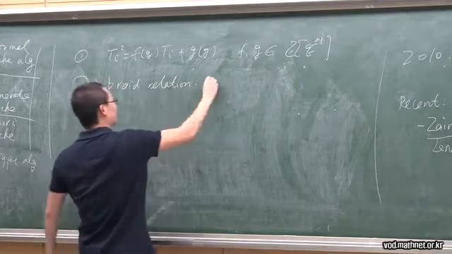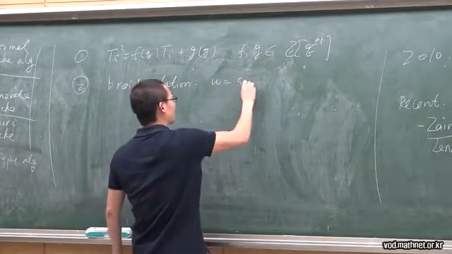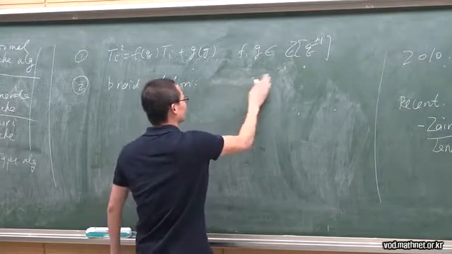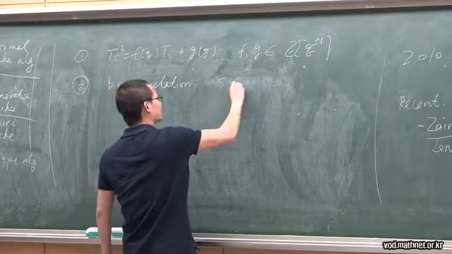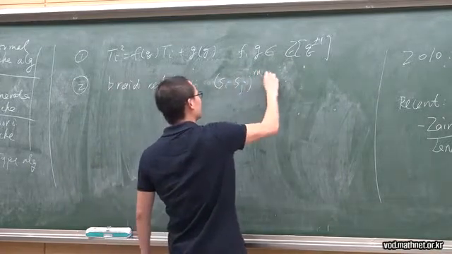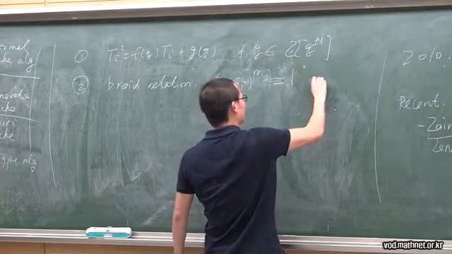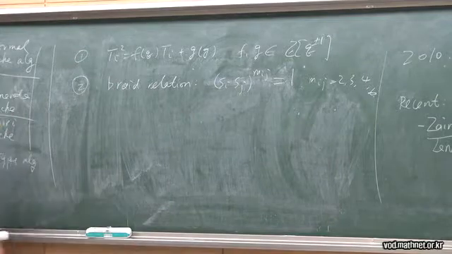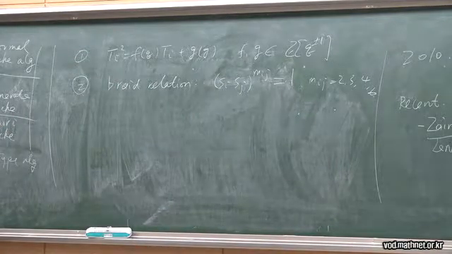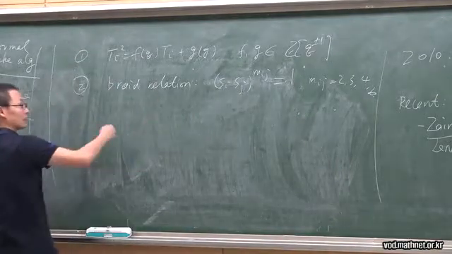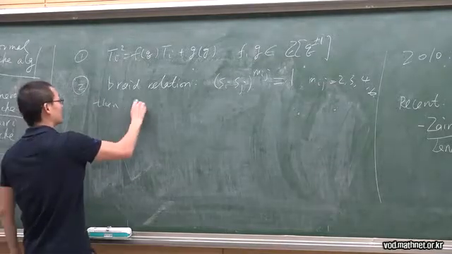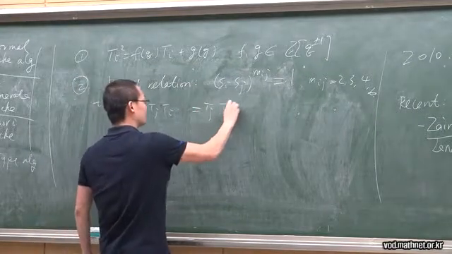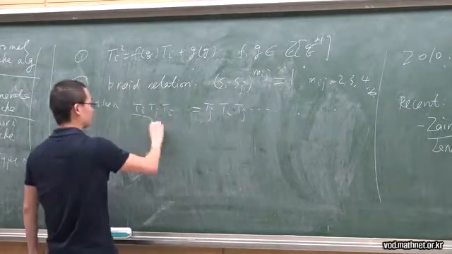That is, if you have w equal to Si, Sj, Si. Normally, if you have (Si Sj) to a certain power mij equal to 1, where mij equals 2, 3, 4, 6, that's the relation for a Coxeter group. If you have i, j satisfying this equation, then Ti, Tj, Ti, and so on, you have mij factors.